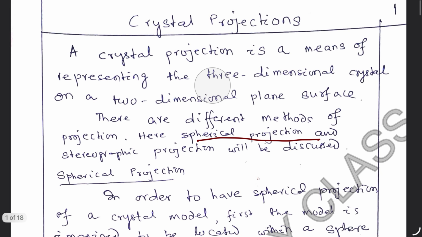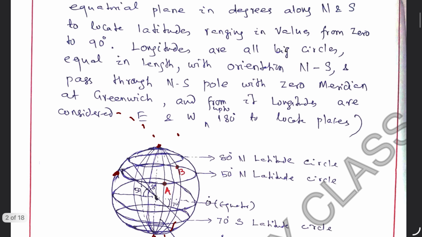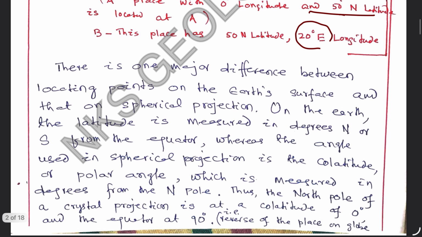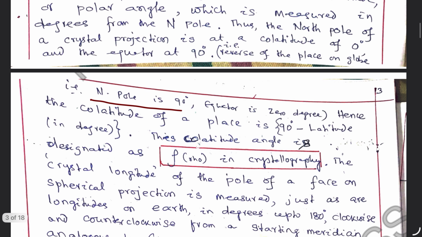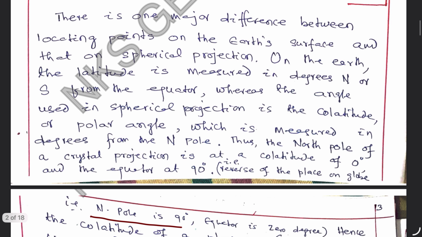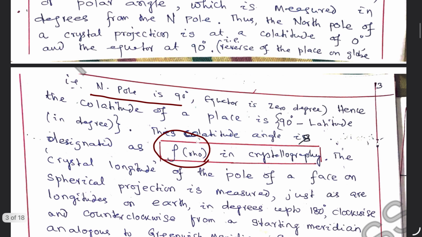So we can take into account the angles. The angles are described in terms of rho and phi. The co-latitude angle is designated as rho in crystallography.